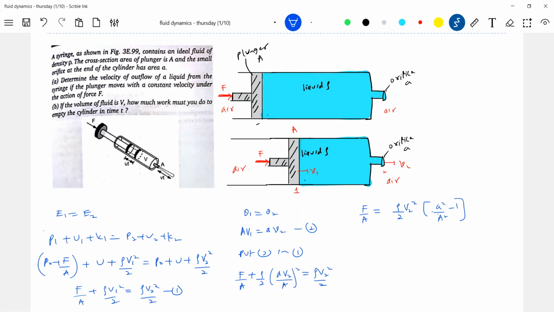Okay, check this equation. Sir, it is 1 minus a square by A square. Yes, sir, 1 minus will come. Keep it like this: rho V2 square by 2, times A square minus a square by A square.